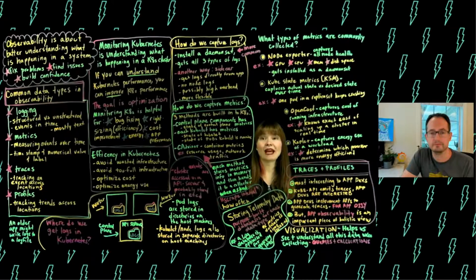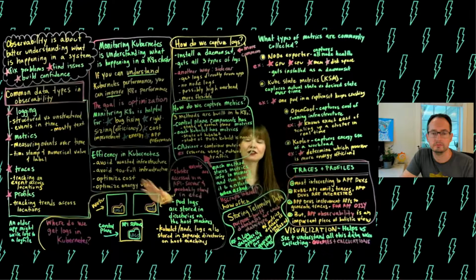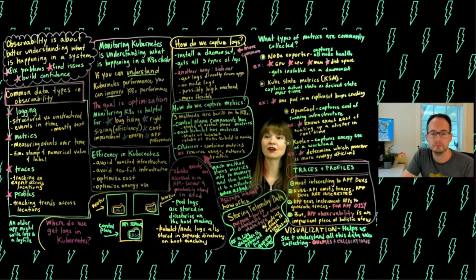And then we have a component called cAdvisor, and that is running on every node too. Yeah, and it's collecting container metrics. So that's where we're getting the granular metrics about how much resource usage is emitted by a particular container, network traffic, that sort of thing. So like in this one, we talked about how logs are stored in directories on the host.